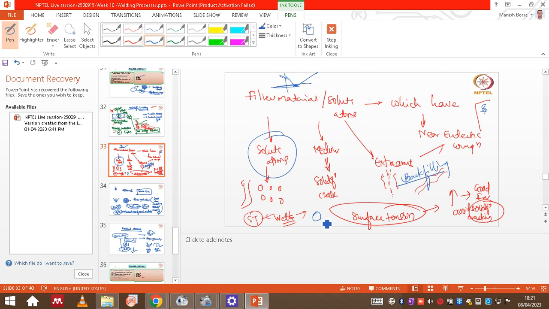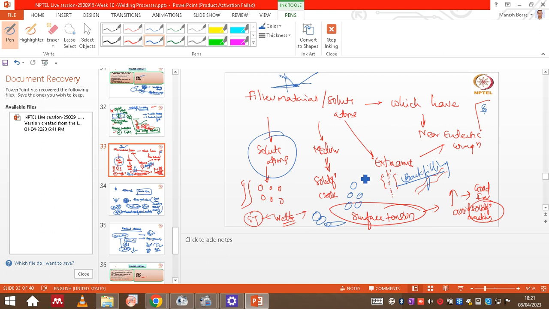What is surface tension? Surface tension is the property of the liquid surface which resists its shape change. Or in other words, it won't allow its surface area to be changed, right? So if the surface tension of the liquid is higher, then it won't form a continuous liquid film. Instead of that, it will form discontinuous packets of the material.